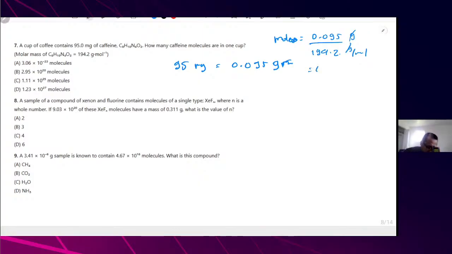So we will get 0.0000489, and now it's time to multiply by Avogadro's number. 6.022 times 10^23, okay, 2.9 times 10^20. Okay, good. And then after that, this is moles, right? After that, the caffeine itself is what? 6.022 times 10^23. Okay, we need to pause first.